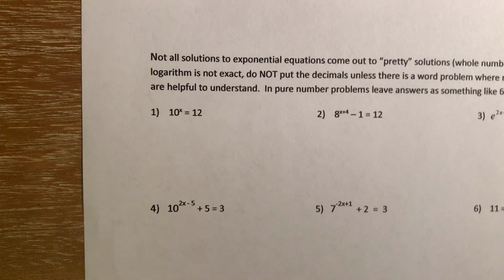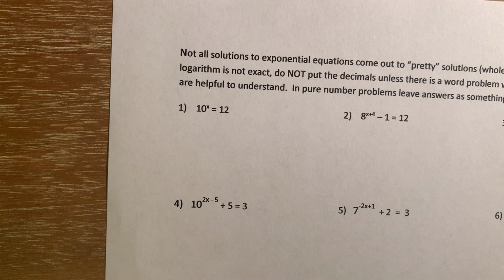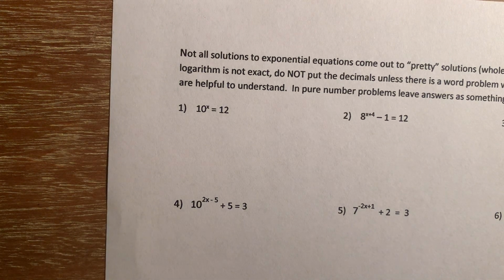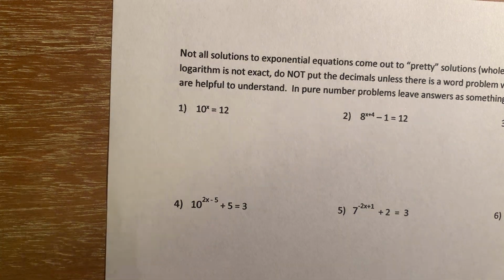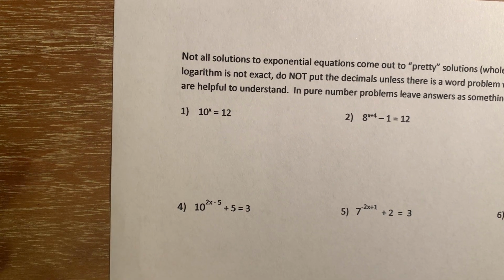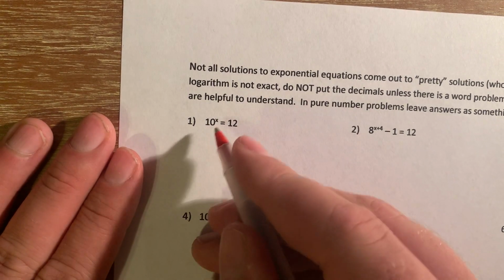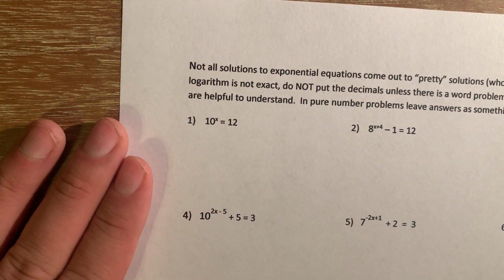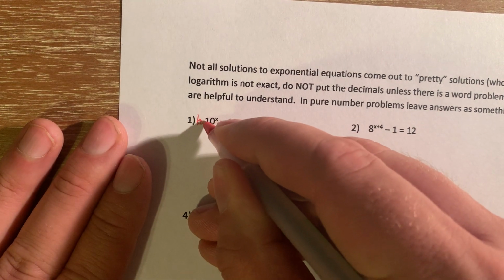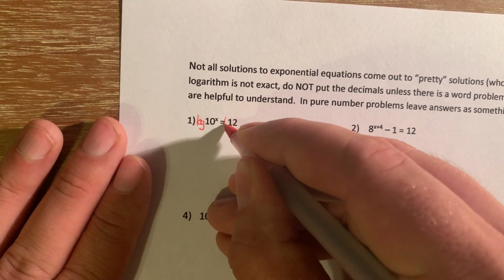Okay. Try to solve these on your own, see what's going on here. We do not need to put the decimals in these because they are not word problems. When we get to word problem ones, we will always put decimal answers, but in math, it's always okay to just leave it. So try to do this first one on your own. Well, this is an exponential with a base of 10, so we're going to do a log base of 10, which is just log.